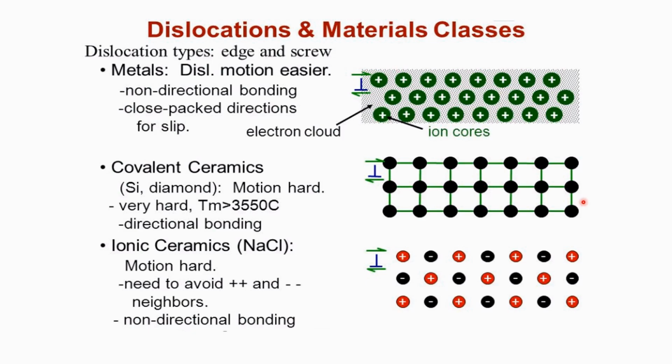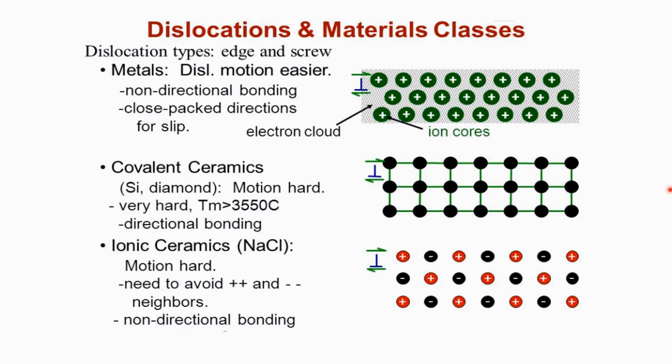And how about ceramic? Ceramic, as we know, is hard and brittle, and it will exhibit limited plastic deformation. Dislocations are quite rare in ceramic, and fracture is more common. Why is that? Because in ceramic, it is bonded by covalent or ionic bonding.